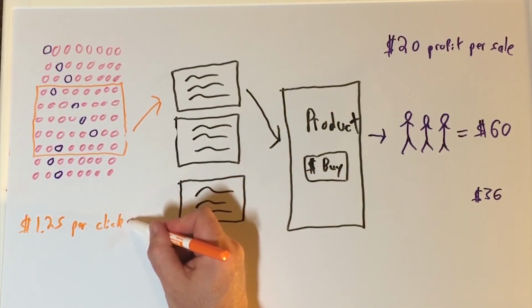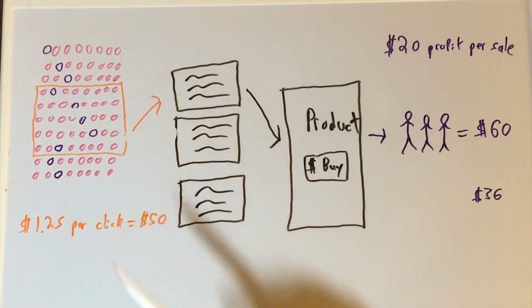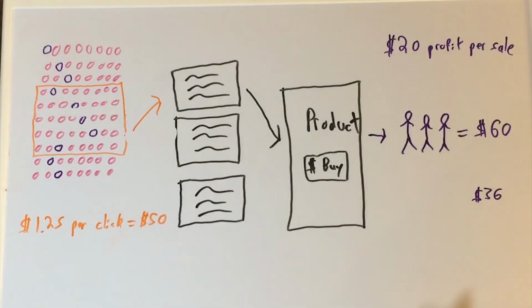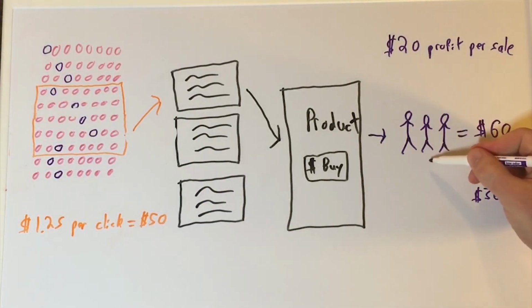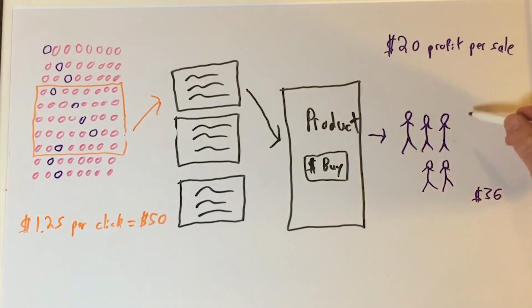So $1.25 per click, 40 clicks. It's going to be $50. So we're spending more money, but we're getting more traffic. So notice out of these 40 clicks now, we have 5 buyers included. Okay, so we have 2 extra buyers here. So instead of $60, now we're making $100 here.